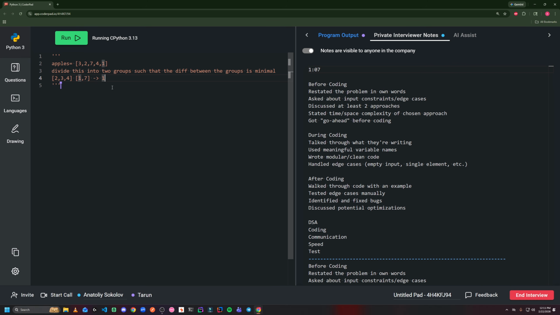For example, considering the given example, I'm going to iterate through apples and add each into a queue, thinking that I maintain two queues.